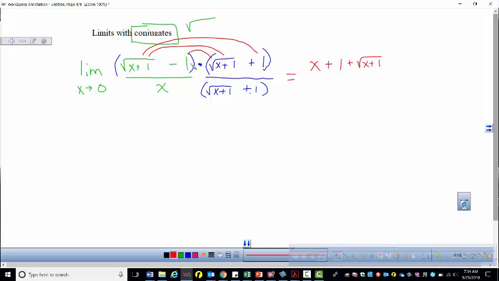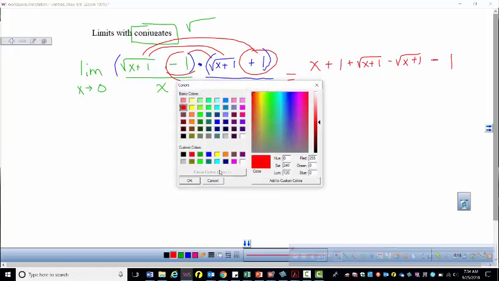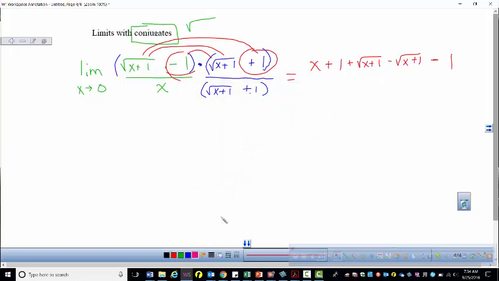My inside is going to give me negative 1 times this, so minus the square root of x plus 1. And then the last is going to be negative 1 times positive 1, which is minus 1. So the reason that conjugates work is your O and I of your FOIL cancel. So the outside and the inside cancel.